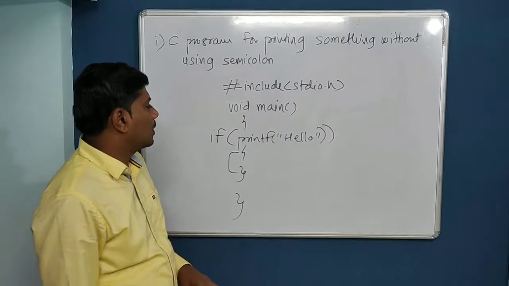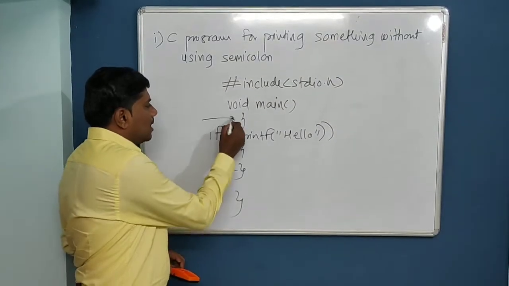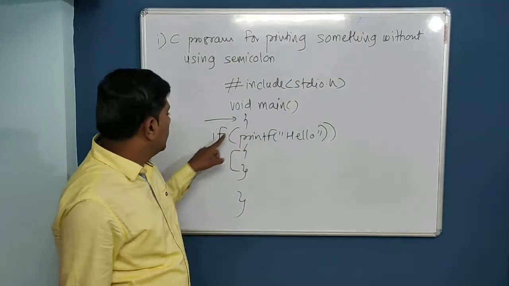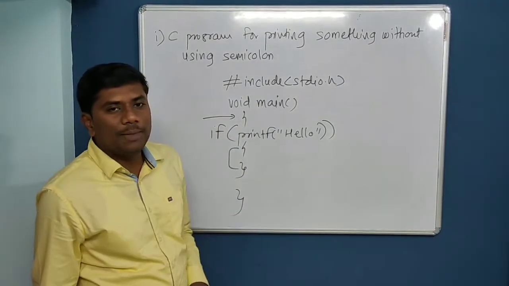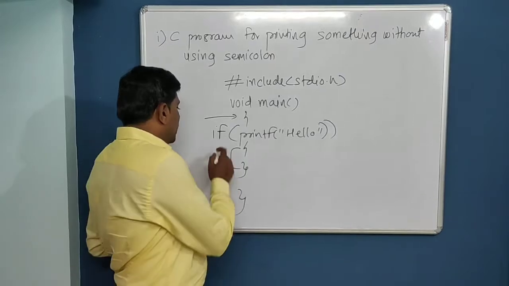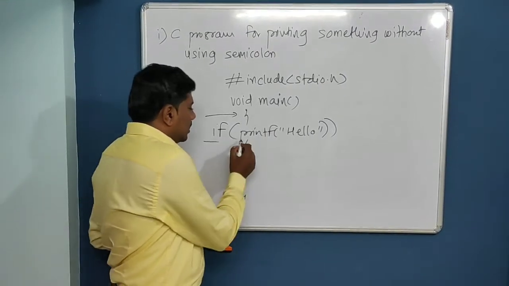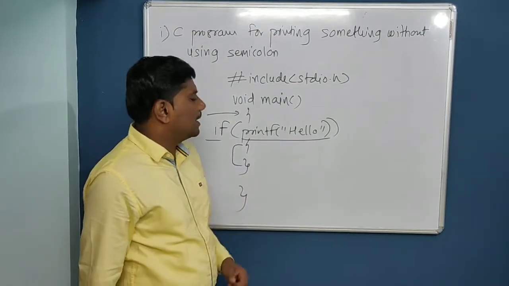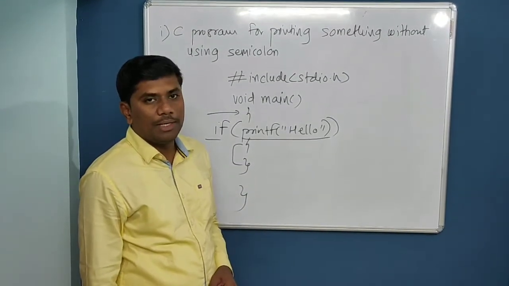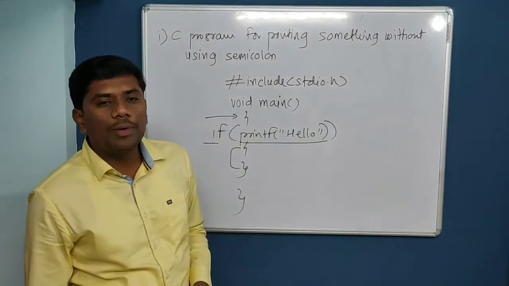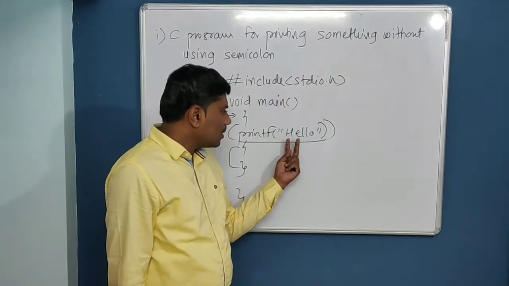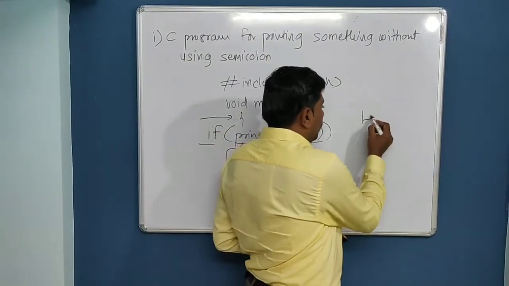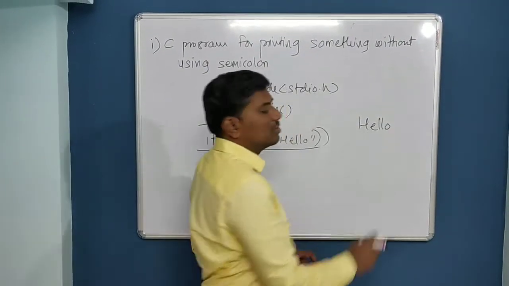So how does this program work? You know that main is the entry point of a C program, so the compiler will enter into main. Immediately the compiler will see this if statement, and it will look into this bracket. This bracket has printf hello. You know that the job of printf is to print the thing which is present in the double quotation marks, so it will print hello on the output screen.